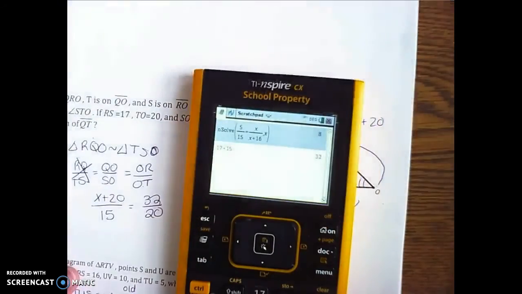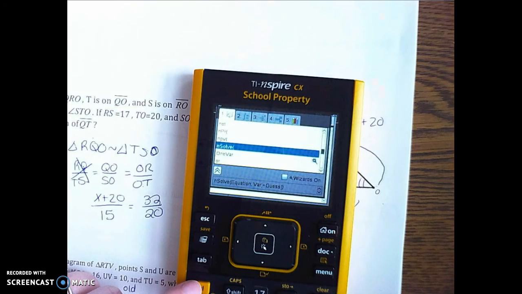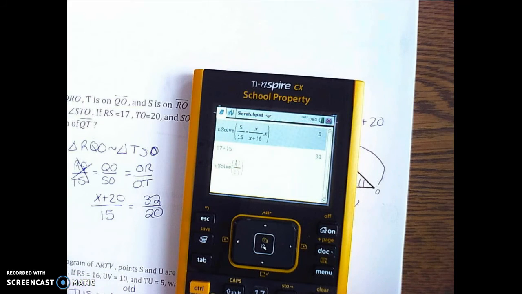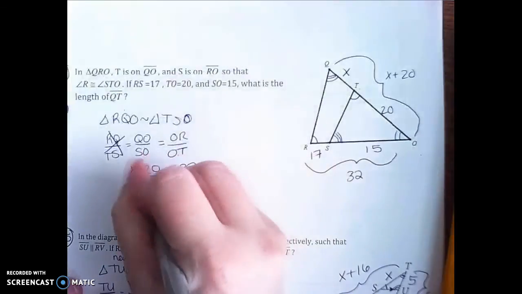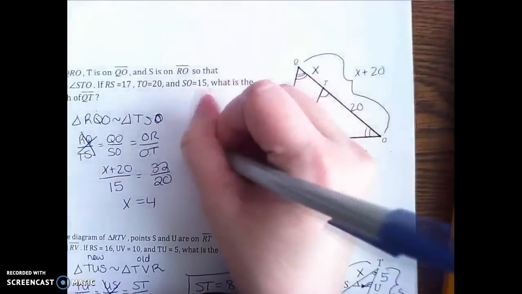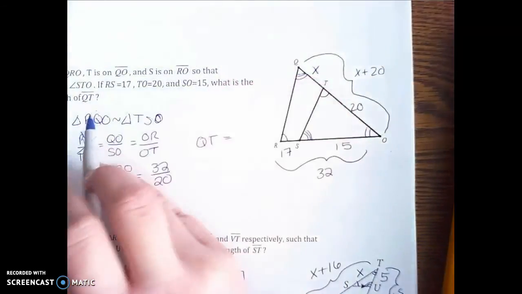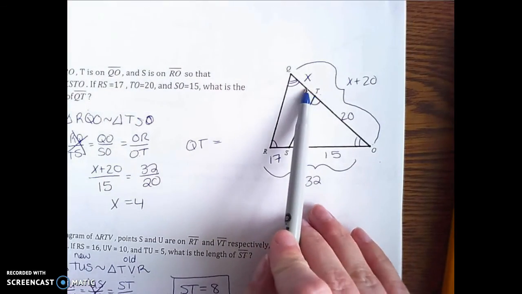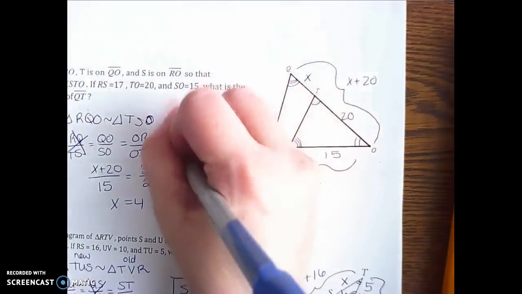Again, I just go ahead and type that in my calculator and solve, control divide, X plus 20 over 15 equals, control divide again, 32 over 20, comma X, and I get 4. X equals 4. Once again, I just double check. QT is what I'm looking for. QT is what I labeled X. So QT is 4, and I'm done.